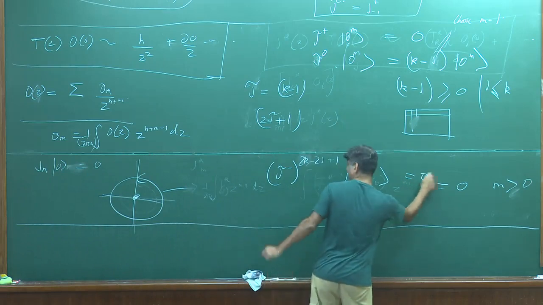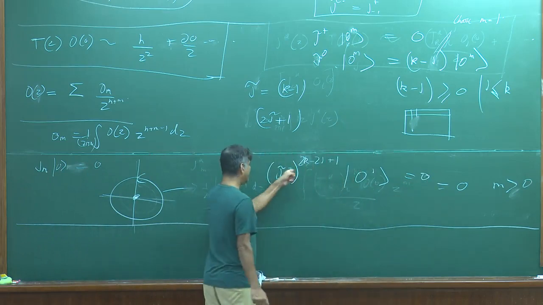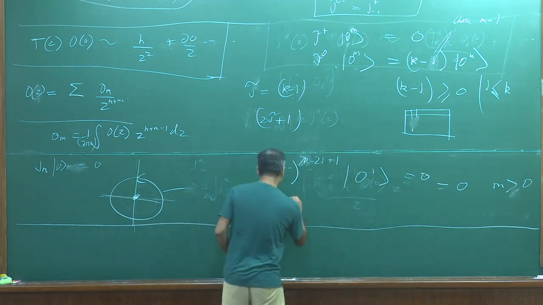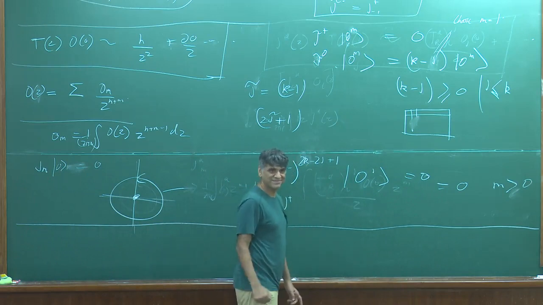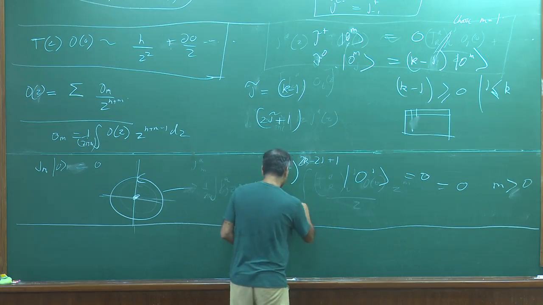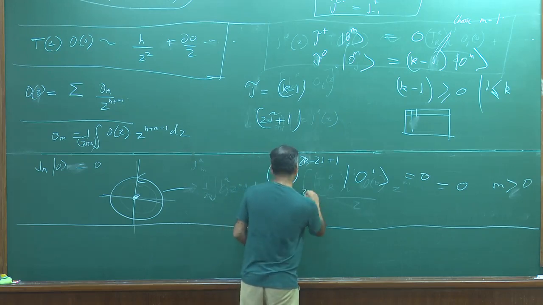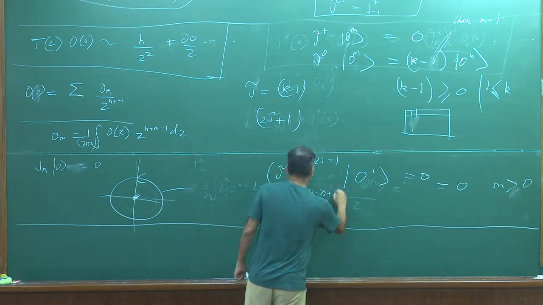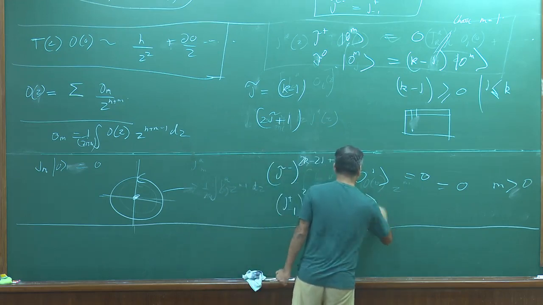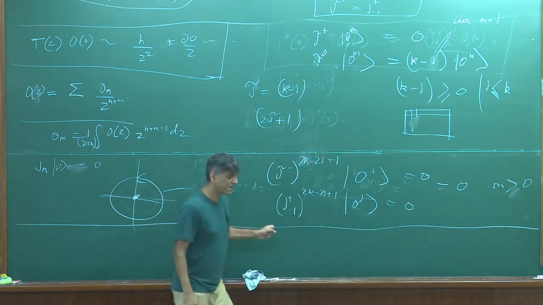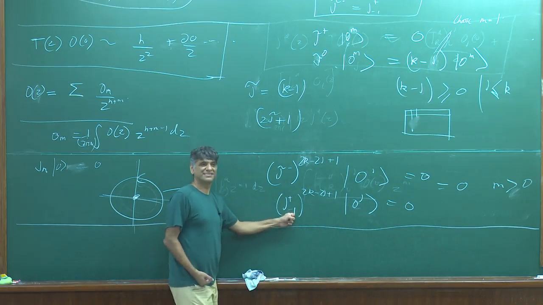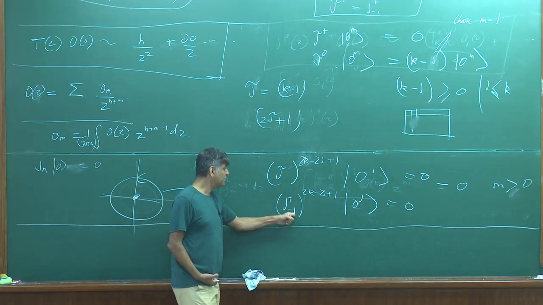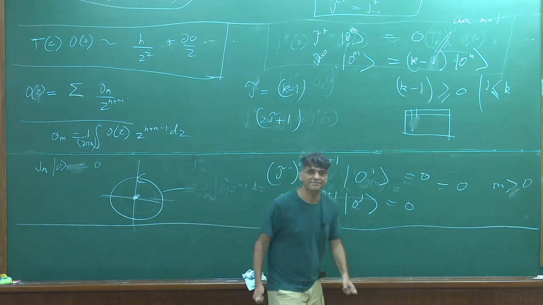Okay. Now, j tilde minus was j plus minus 1. So these were all raising operators. So if you just counted weight, there was no reason for this to be 0.